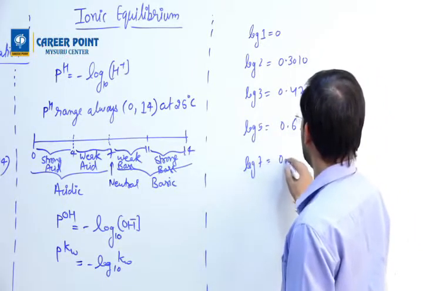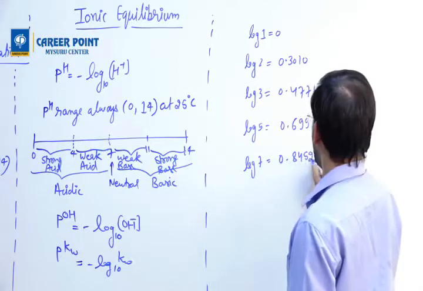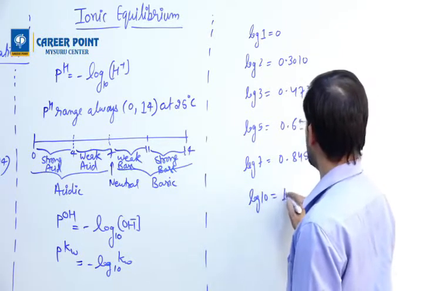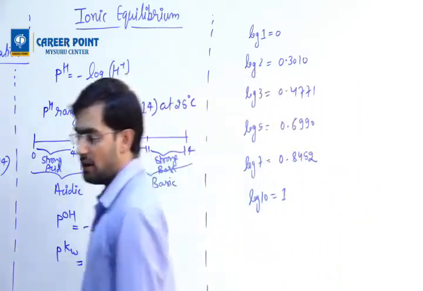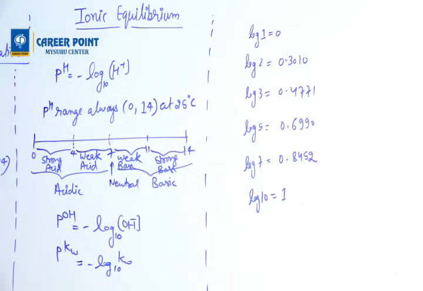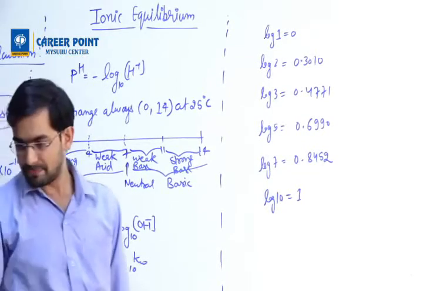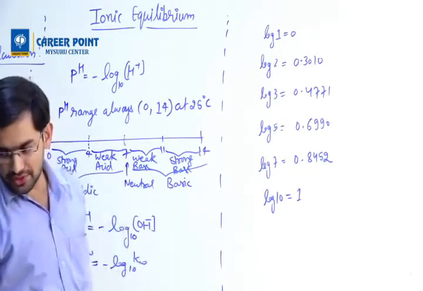Log 7 equals 0.8452. Log 10 is equal to 1. These are all the values we will memorize. So you copy these values.